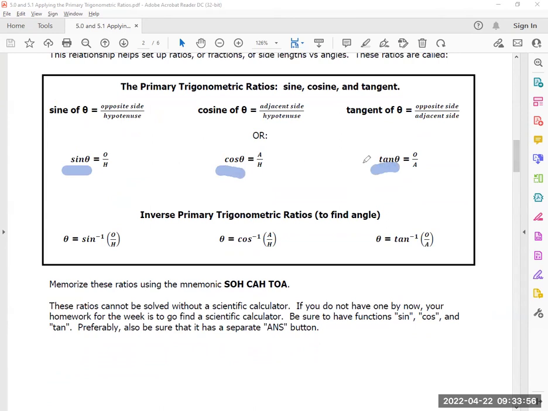So check your calculator to see if you see these buttons. Look for the button that says, it looks like sin, but it's not sin. The math has not done any evil or wrong. It's sine, cos, and tangent. Sine, cosine, tangent.